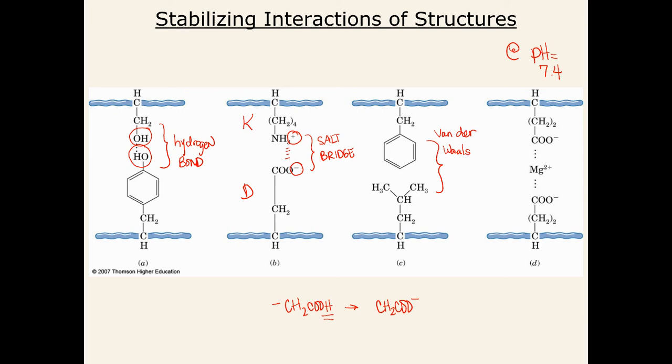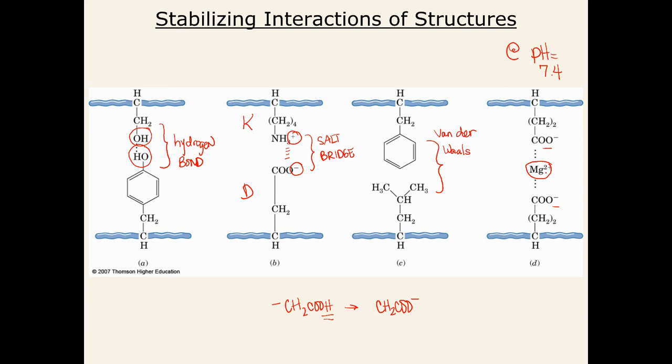Okay, and then lastly, this would be an example of perhaps an enzyme. We'll see later, there's some enzymes that have metal ions, and that has a metal ion, and it's interacting with the carboxylate ion group, and they form an interaction between a positive ion on the magnesium and the negatively charged carboxylate group.